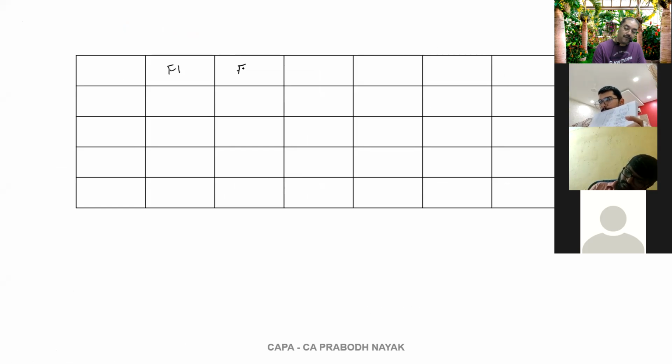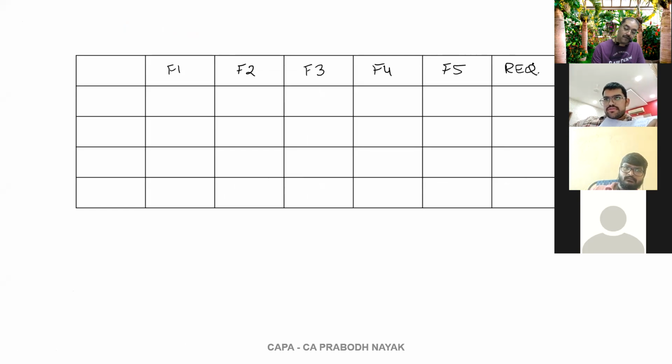F1, F2, F3, F4, and F5. So this is called the opportunity cost matrix, where I will be subtracting each element from the maximum element of 8.